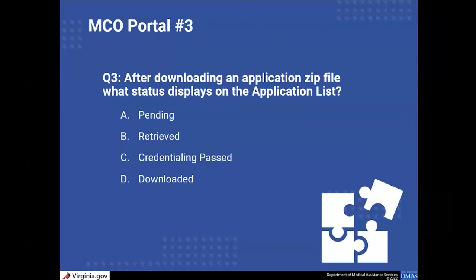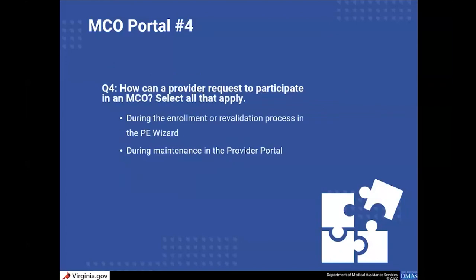Question 3. After downloading an application zip file, what status displays in the application list? Would it be pending, retrieved, credentialing passed, or downloaded? The correct answer would be retrieved. Our last question: how can a provider request to participate in an MCO?